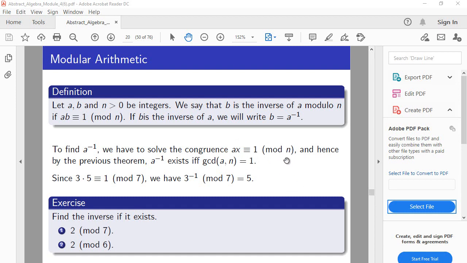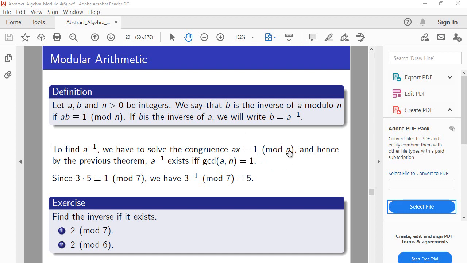Now, when n is a small modulus, then we can find the solution x by just using a brute force method where we plug in the values 1, 2, up to n minus 1 for x and see which one gives me 1 mod n.